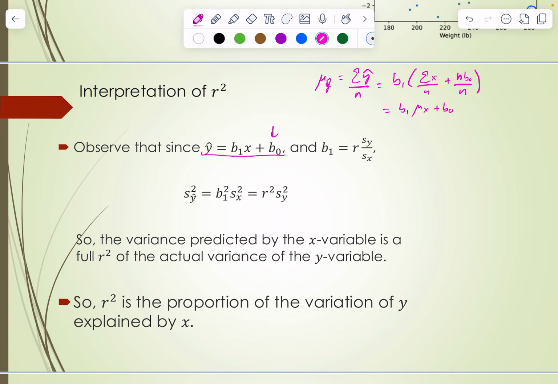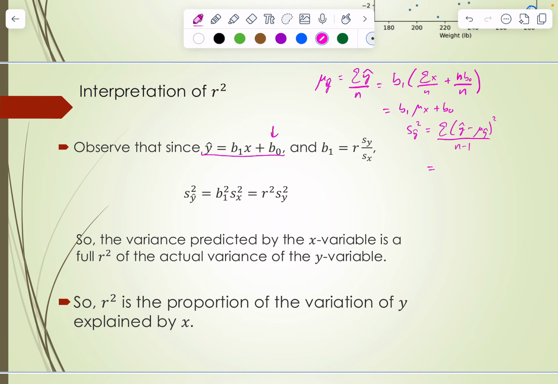Now, if I were to find the standard deviation of y hat squared, that is going to be the sum of my y hat minus mu of y hat, squared.